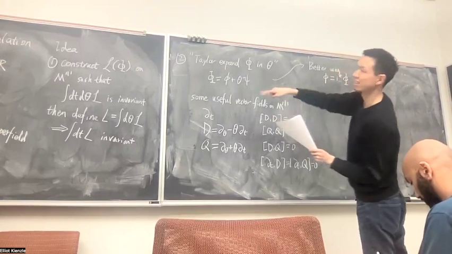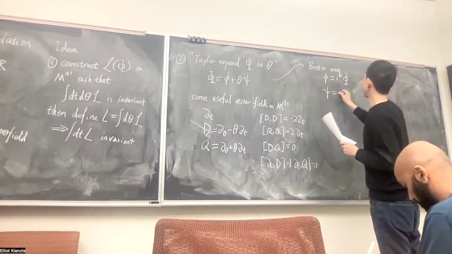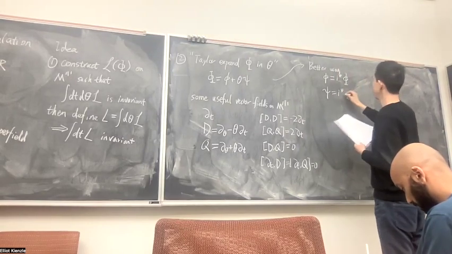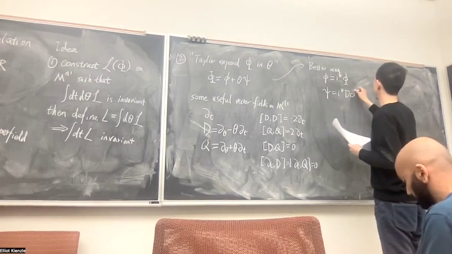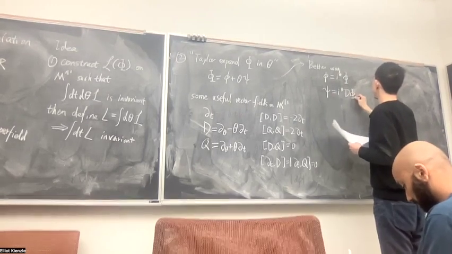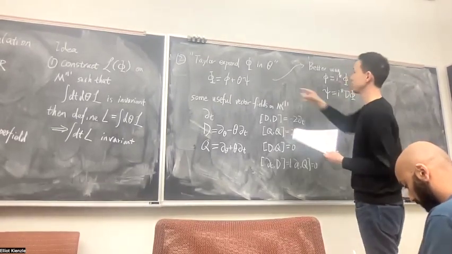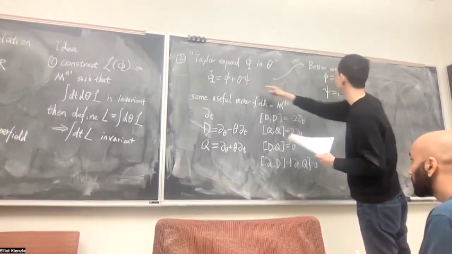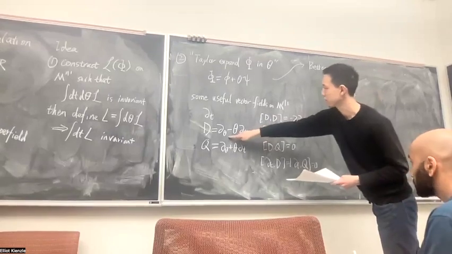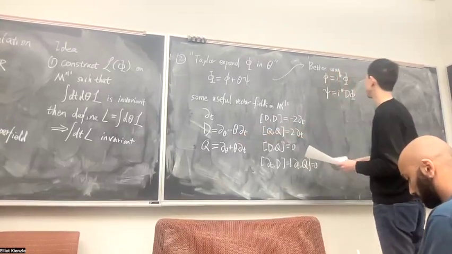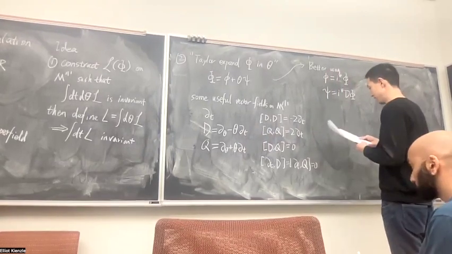Remember our i is the inclusion of usual space-time into super space-time, and you also get the other component, which is i star of D acting on phi. You can see in this case you really get what you have in the Taylor expansion, because the D differs from the usual partial theta only by a theta term, which will be killed by i star.